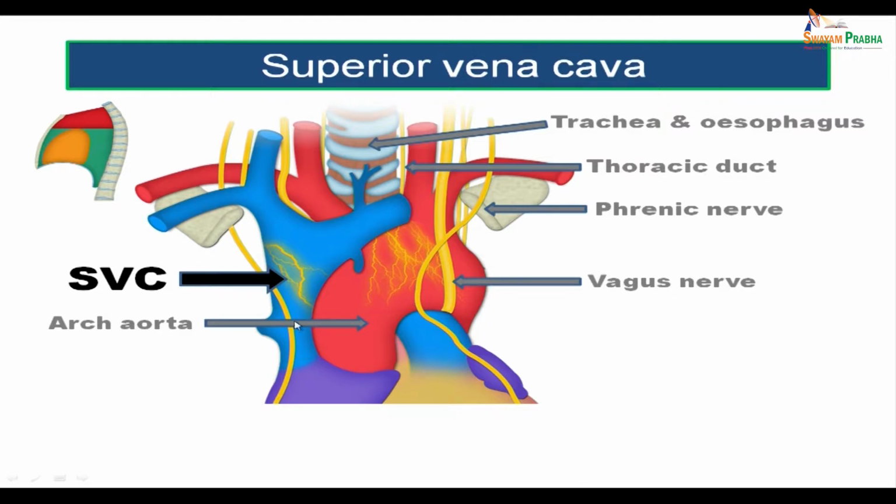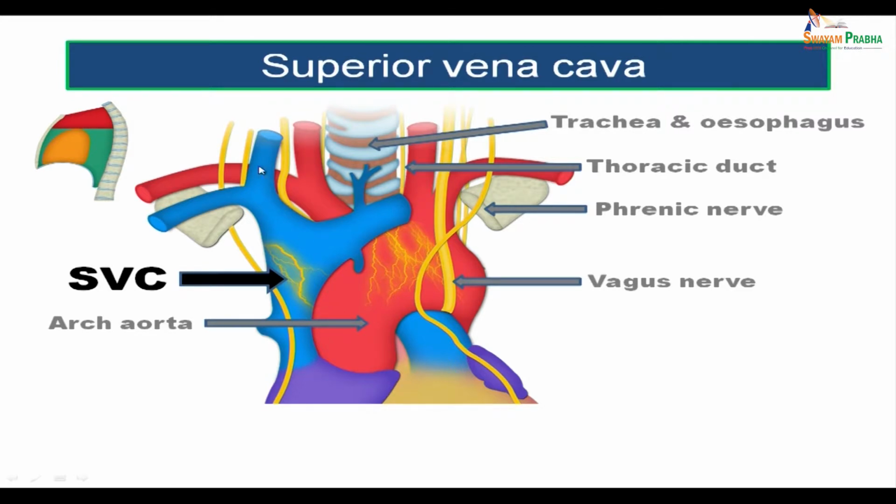The lower 3.5 centimeters is intrapericardial. Just at the level of the third costal cartilage, it ends by terminating into the right atrium, into the sinus venarum part of the right atrium. That is where the superior vena cava ends.